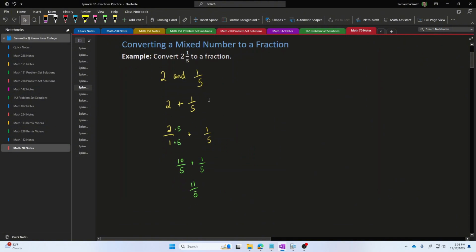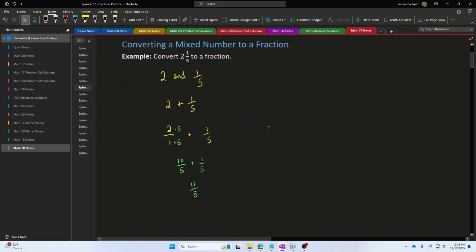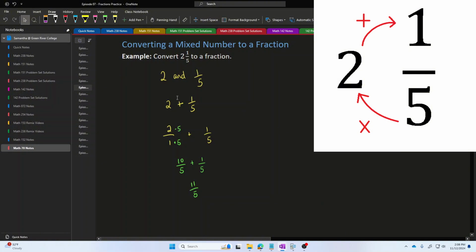Now I want to think about what we did, and in thinking about what we did, I want to come up with a shortcut method that will allow us to do this conversion maybe a little bit more quickly. Notice what ended up happening in the end of this problem. I took my 2, the whole number part of this mixed number. 2 got multiplied by 5, which turned it into 10.